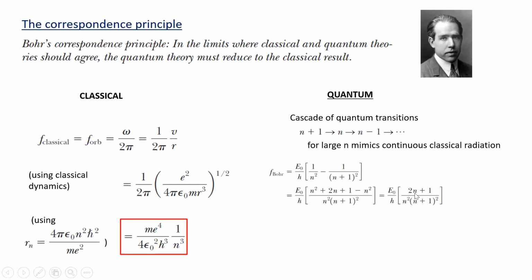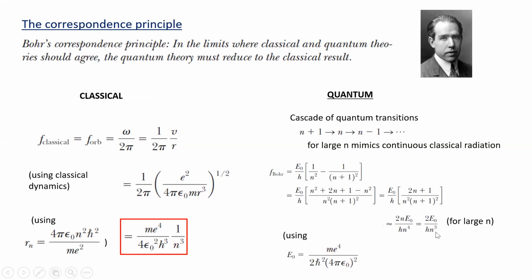So when n is very large, it doesn't matter much that we add 1 in the numerator, so this can become 2n, and n plus 1 is about the same as n. So this becomes approximately just E naught times 2n over h times n squared times n squared, or n to the 4th, or 2 E naught over h n cubed.